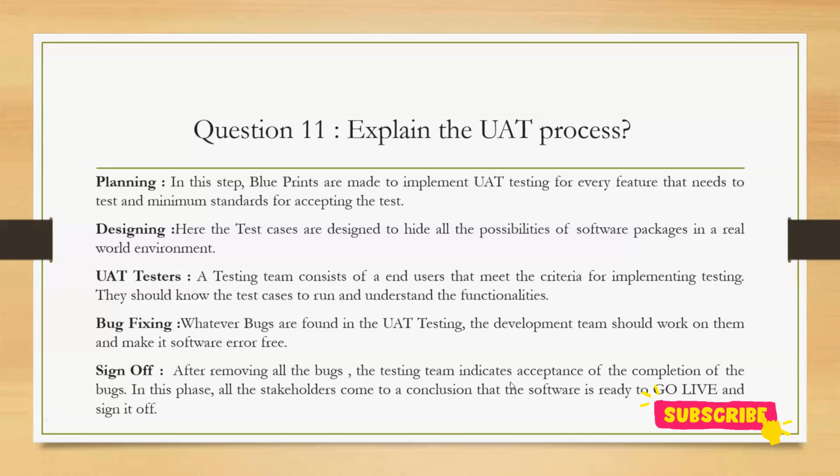So once the testing team has accepted the completion of bug fixes, the stakeholders will come to a conclusion that this software is ready to go live and ready to sign off. Then we take the sign off. So mention the UAT process and all the phases involved in the UAT in this particular question.